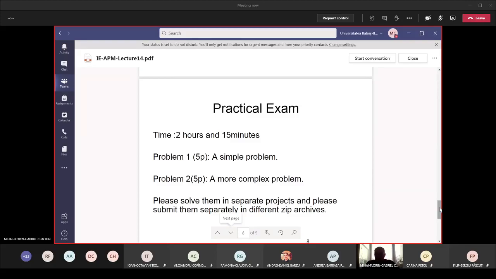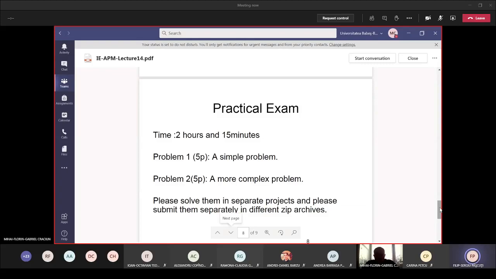After you complete it, you zip that project and upload it. And after that you continue with the second problem. You complete it, and then you zip and upload it. Is it clear?